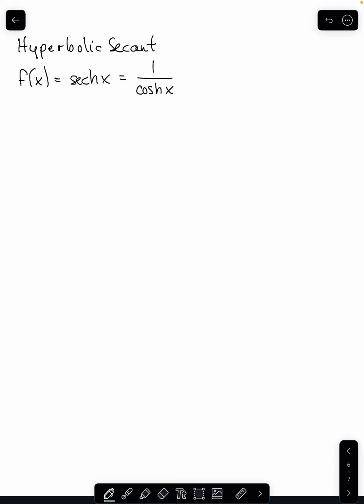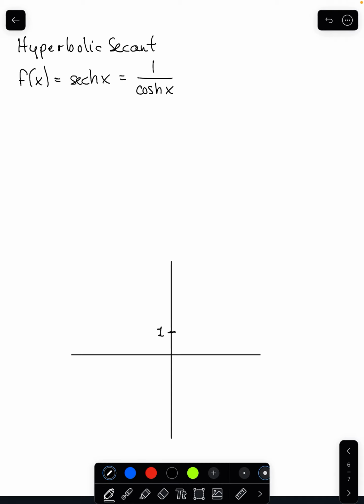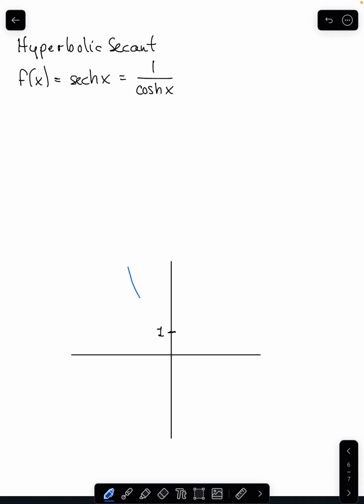So much like we did before, I'm going to sketch the graph of hyperbolic cosine down here. And again, it's going to have a similar shape to a parabola in that it is a U shape.